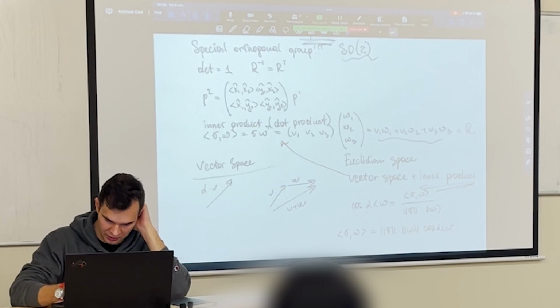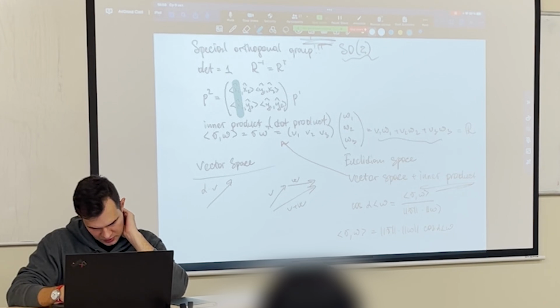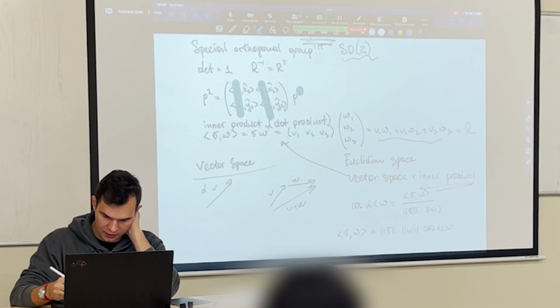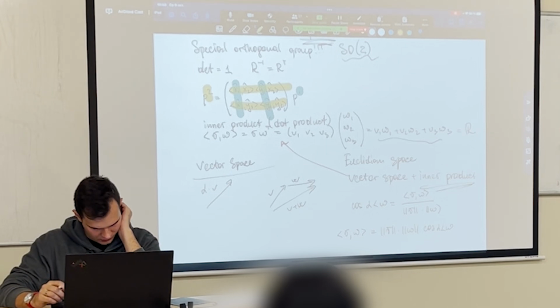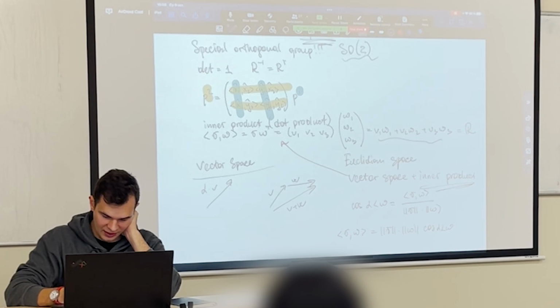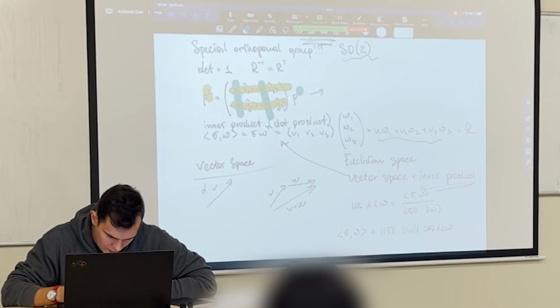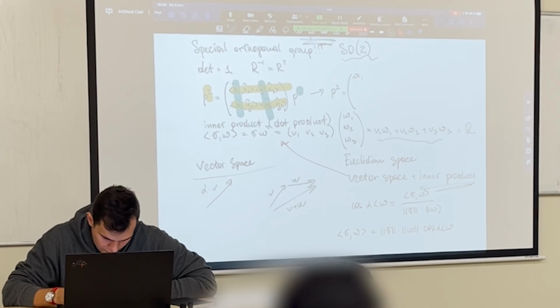But here you can see that you have columns expressed in the first frame and the lines expressed in the frame of the second. And you can easily write something similar, but for the 3D space.